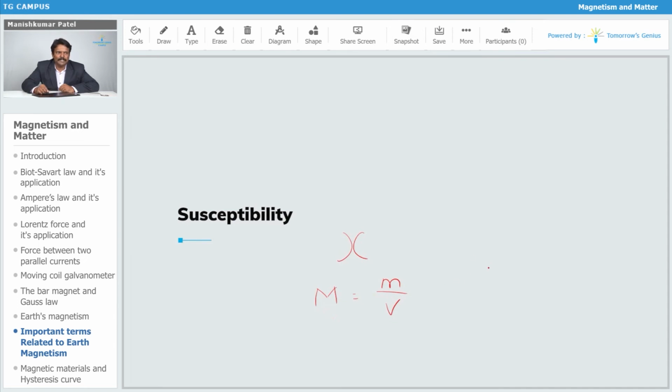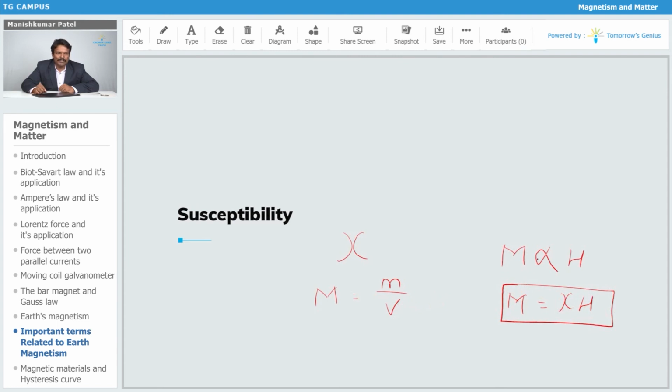This intensity of magnetization I can write in terms of a formula: M is proportional to H. So M equals susceptibility into H. This is the all-important relation between the intensity of magnetization and the magnetic field intensity.